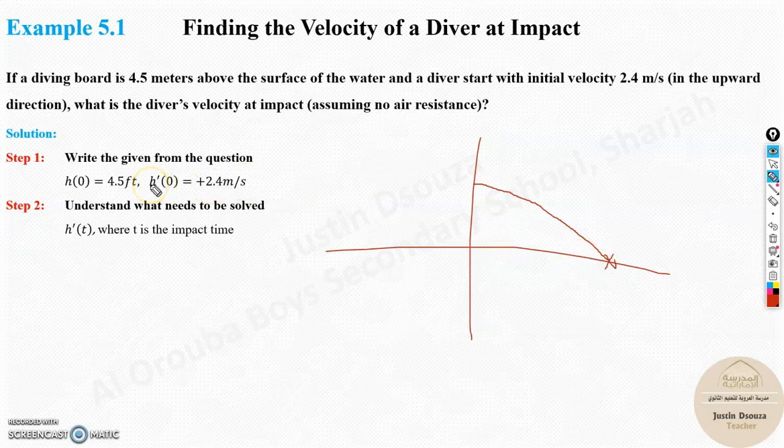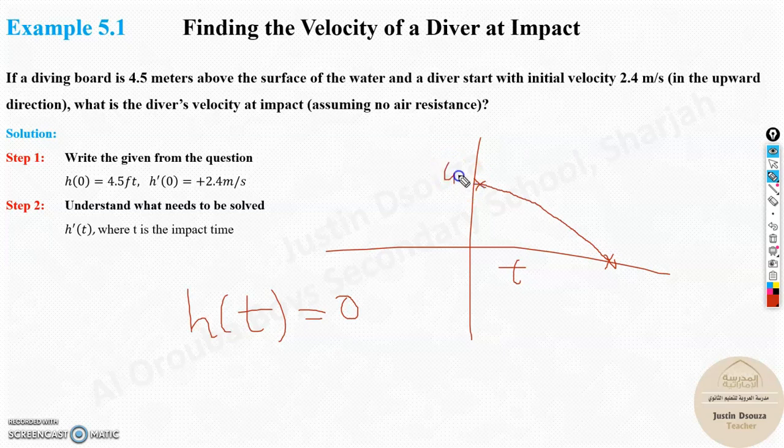So what do you understand? The impact means h of t will be equal to 0. We don't know exactly at what time it touches 0, but whenever this entire equation h of t is equal to 0, that is the impact time. I hope this is clear.